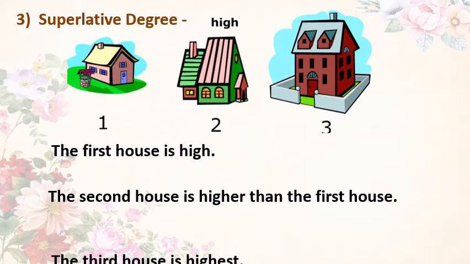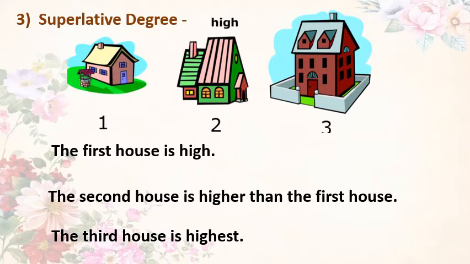Okay. And the third house is highest. The third house is highest means the height of the third house is more than the height of the first and second house. Got this? Here in the third case, we compared all the three things, all the three houses.